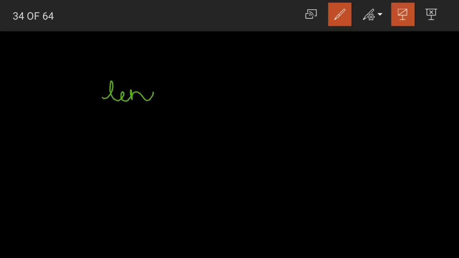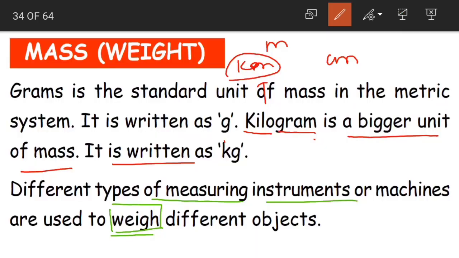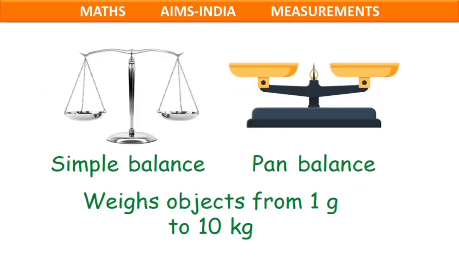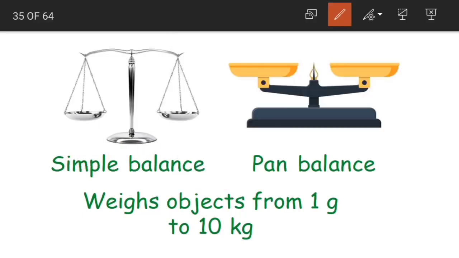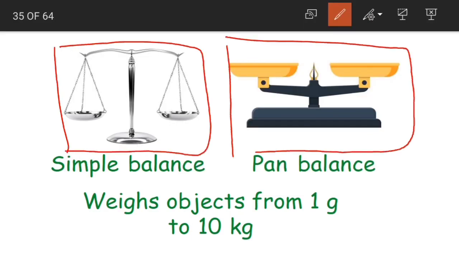Now to find out the length of given objects, we used either a scale or ruler, or else we have learned that a measuring tape is also used to measure the length or distance. In the same way to weigh a given object, that is to find out the mass or weight, we have different instruments like this. You might have seen this if you go to a vegetable market, children, or to a grocery store, that is a kirana store.